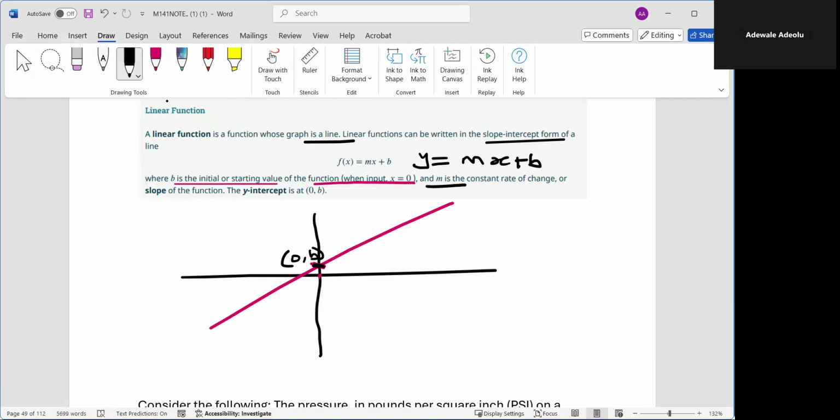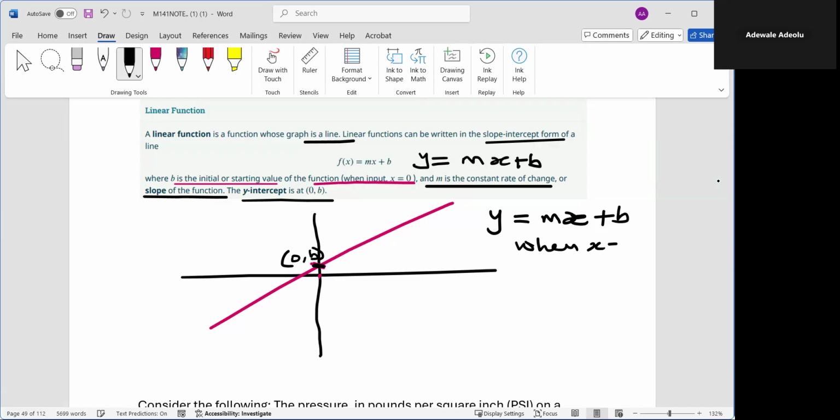So m is the constant rate of change, which is also called the slope of the function. The y-intercept is at (0, b), just as I showed you now. So meaning that if we have y equals mx plus b, we will have our y-intercept when x equals 0.